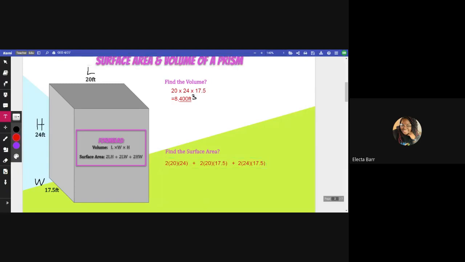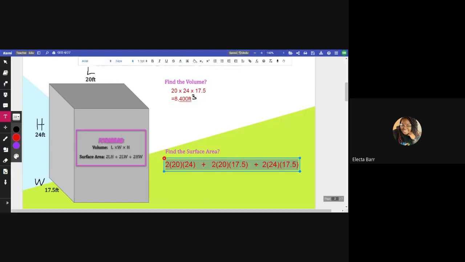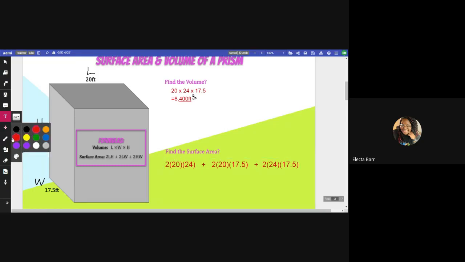Okay, that's the first part. Once you get that down, it becomes easier to solve, but you have to be able to pick out the length, the width, and the height. Now I'll do each part individually: 2 times 20 times 24, 2 times 20 times 17.5, and 2 times 24 times 17.5.